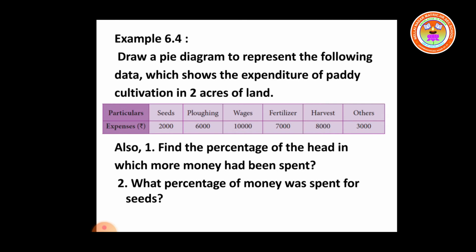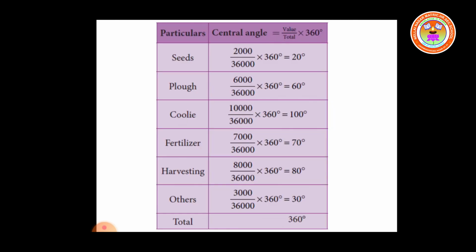Ploughing 6000 rupees. Wages 10,000 rupees. Fertilizer 7,000 rupees. Harvest 8,000 rupees and others 3,000 rupees. Also, find the percentage of the head in which more money had been spent. Then, what percentage of money was spent for seeds? We will see the answers.